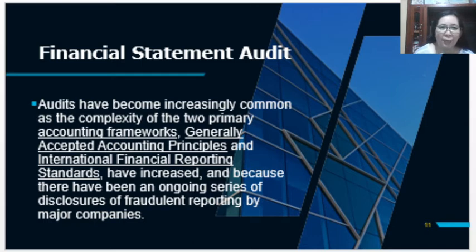And aside from that, audit has become increasingly demanded by the public because of the scandals of the major companies, which involve financial statements that are not fairly presented because they want to get something out from the investors.